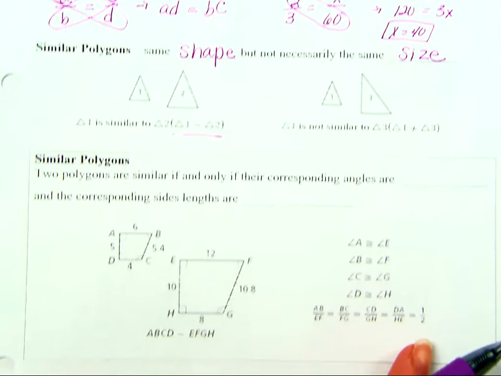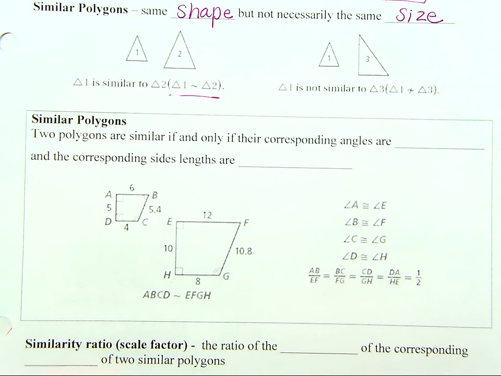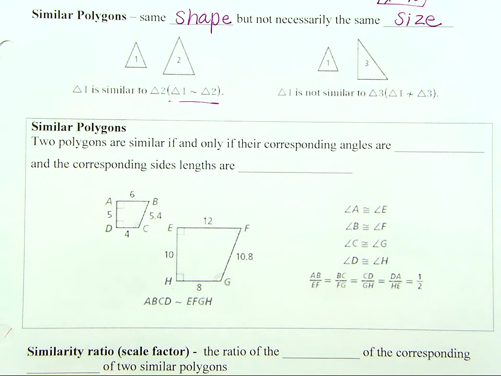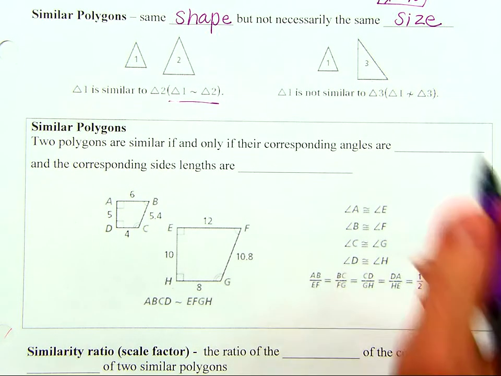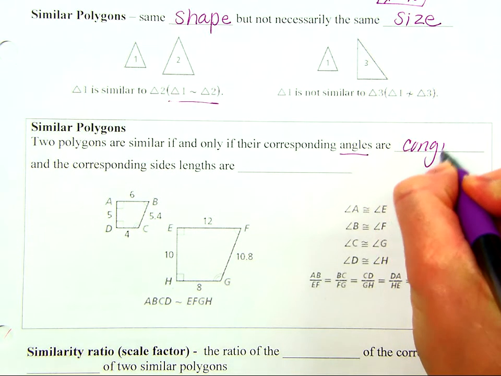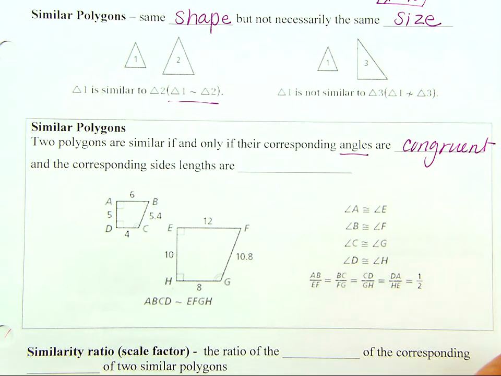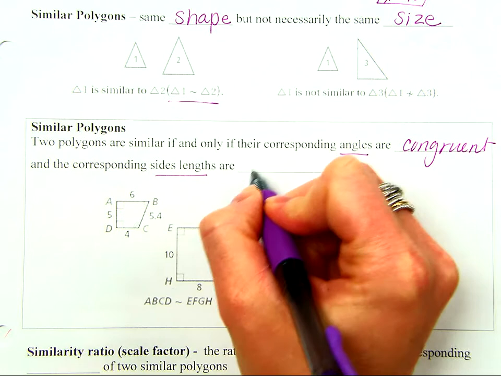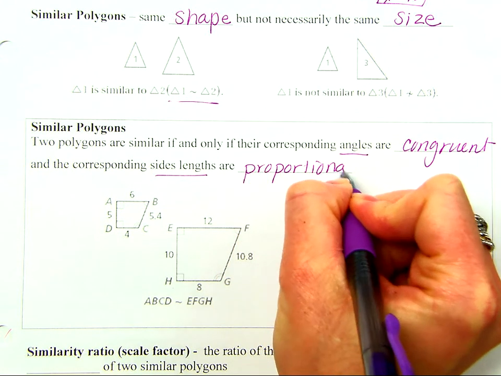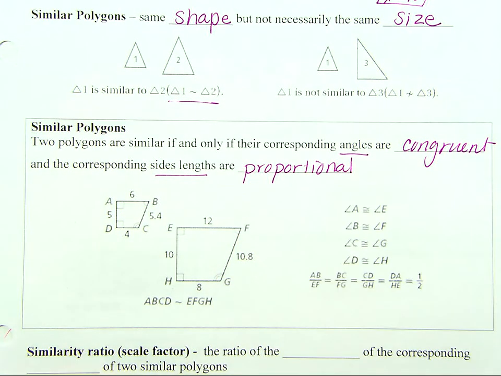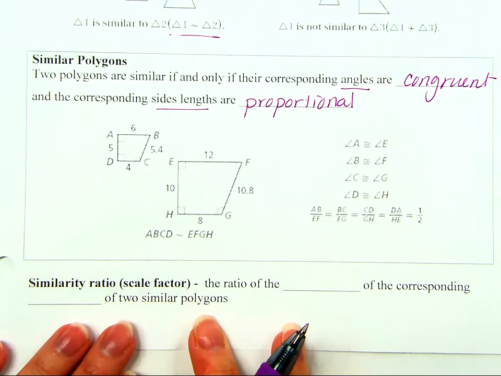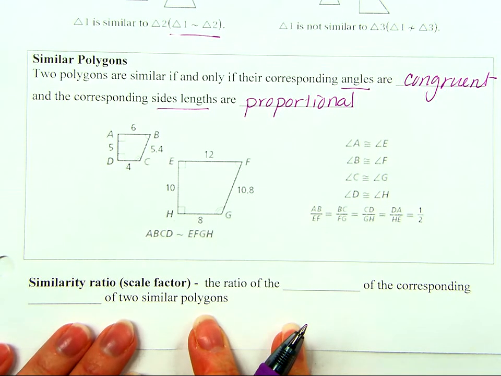Okay, so in our book, they define similar polygons a little bit more formally. It says that two polygons are similar if and only if their corresponding angles are congruent and the corresponding side lengths are proportional. So in the diagram below, we have two quadrilaterals, ABCD and EFGH.